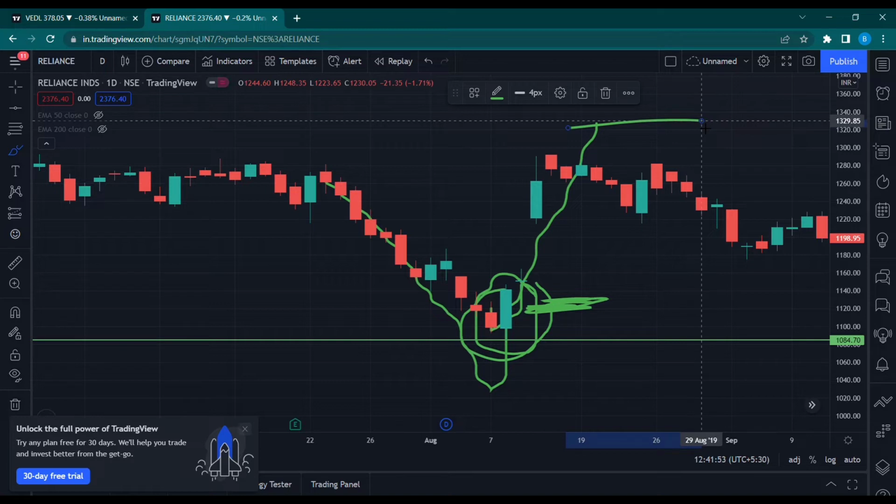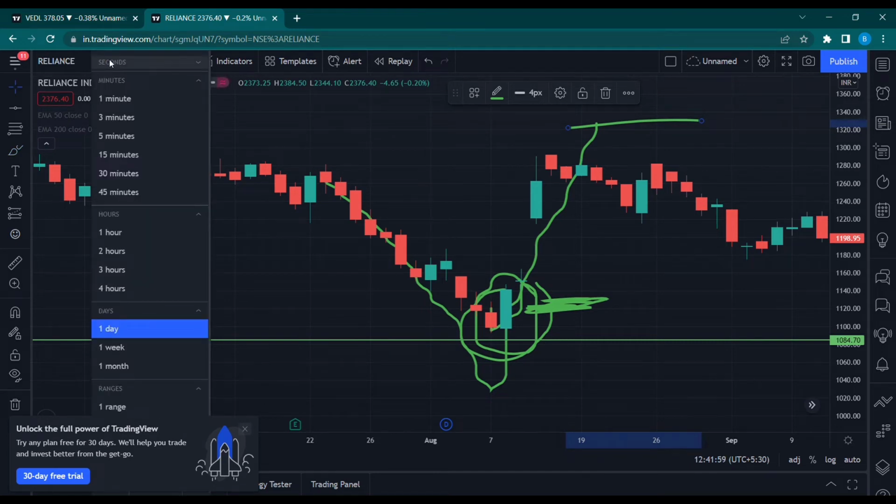These patterns, of course, will work. But let me tell you one thing: in technical analysis, whatever you are learning, everything's accuracy goes down as the time frame becomes shorter. On the daily time frame, candlestick patterns will have decent accuracy.